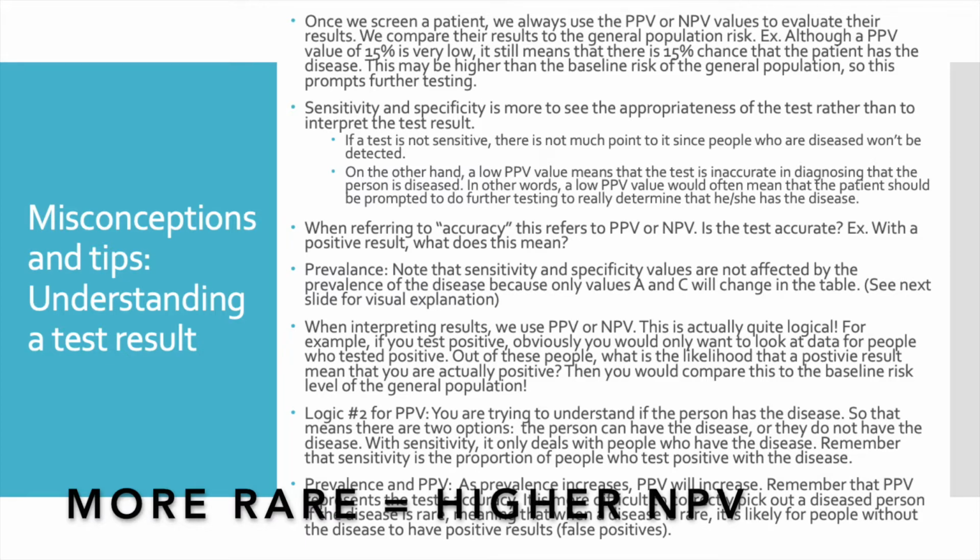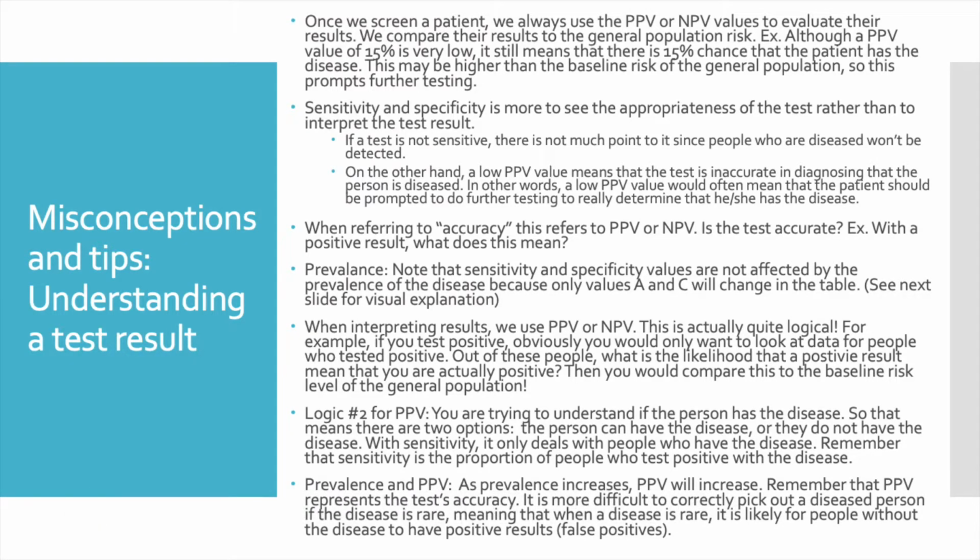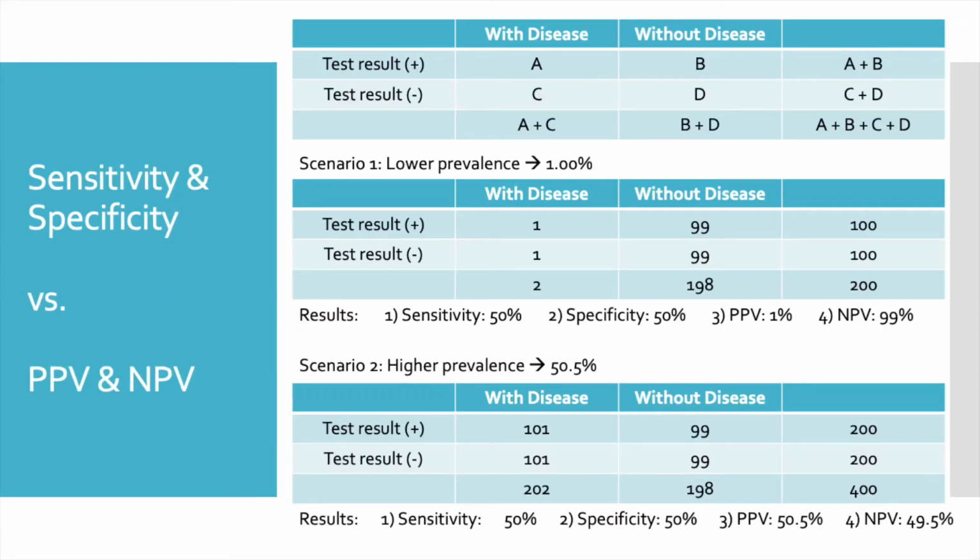Another confusion that I had as a student was, do sensitivity and specificity values affect PPV and NPV values? So we'll talk about that now. So in this slide, you can see that there are two scenarios, one with lower prevalence and the second with higher prevalence. In scenario 1 and in scenario 2, sensitivity and specificity are both the same.